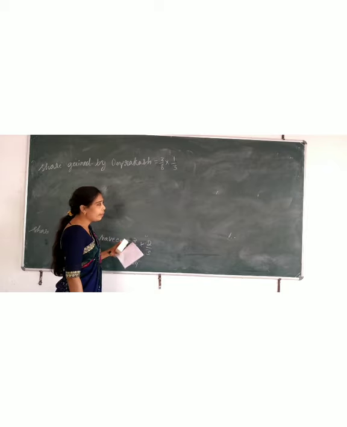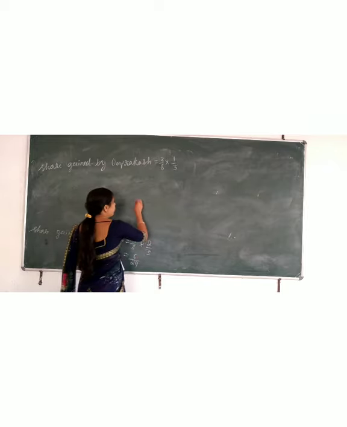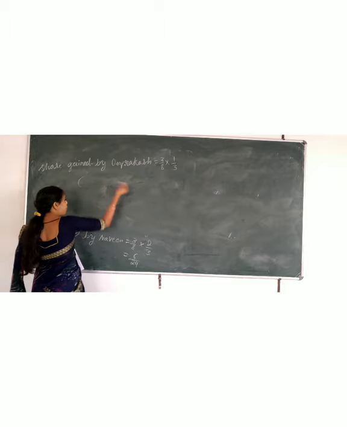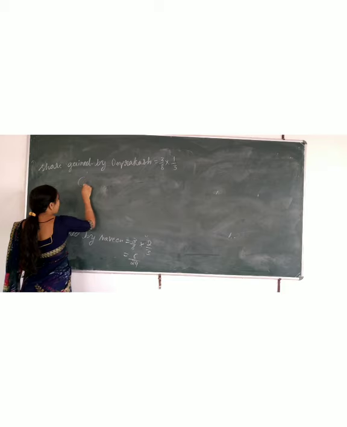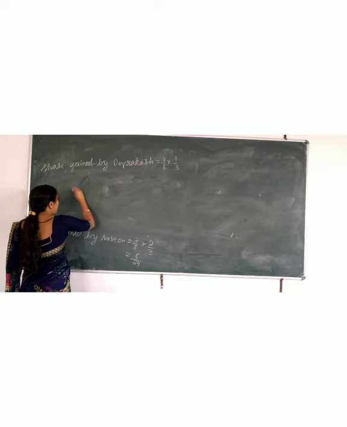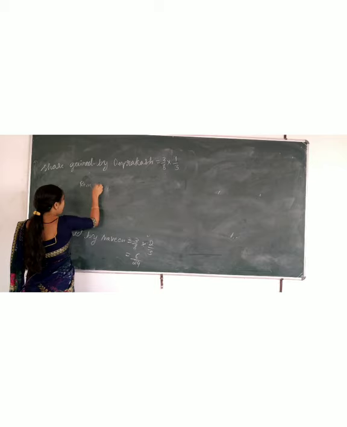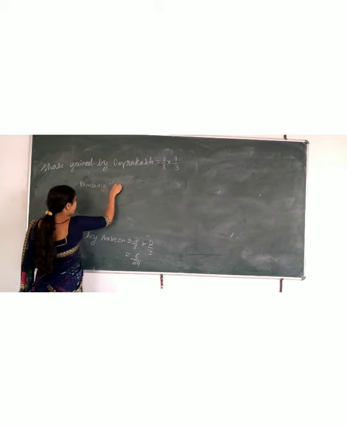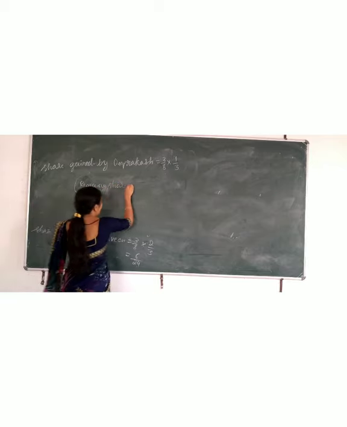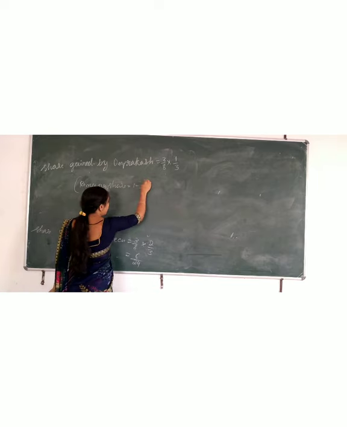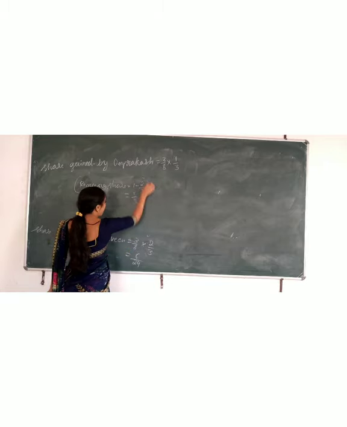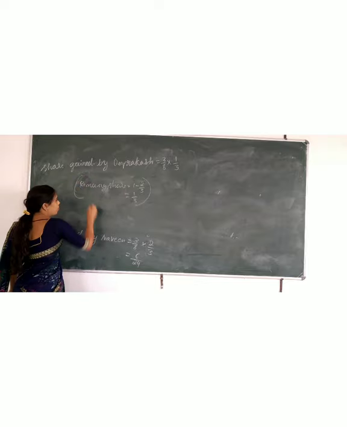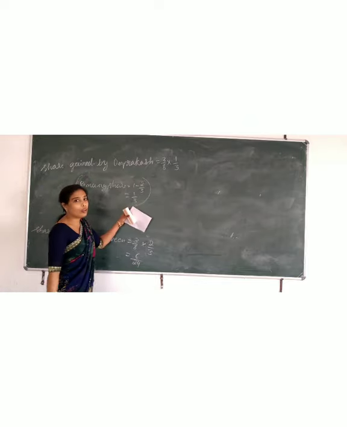We calculate it as: remaining share is equal to 1 minus 2/3, that is equal to 1/3. So we got 1/3 like this.